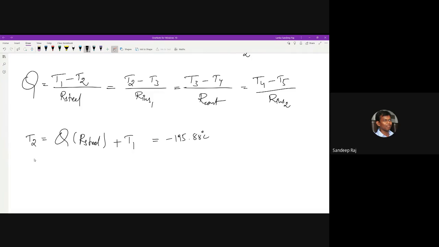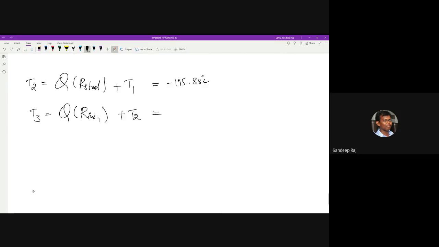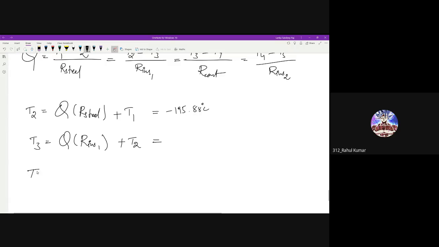That is T3. For finding T3, it is Q into R insulation 1 plus T2. Substitute this minus 195 here, you'll get minus 8.73 degrees centigrade.